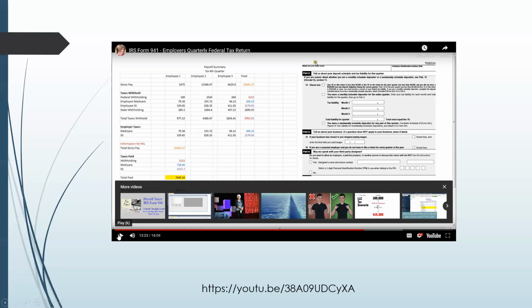Basically, part 2 breaks down your individual payments that you've made. So it's a little more clear that you can see on the screen there, it shows month 1, 2, and 3. So you input each one of those tax liabilities for months 1, 2, and 3. And it just talks about what kind of payer you are. So we're going to skip this piece because on your homework this week, I'm just going to have you do that first page because we don't have those breakouts from month 1, 2, and 3. So we're going to go ahead and skip that.